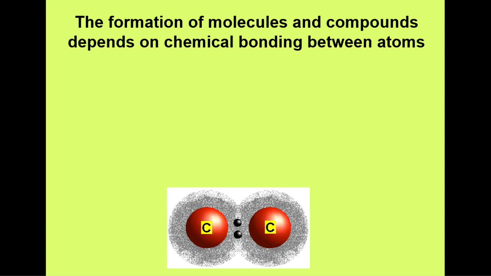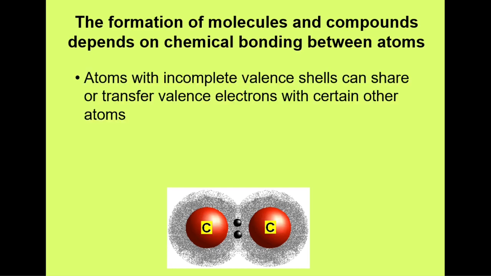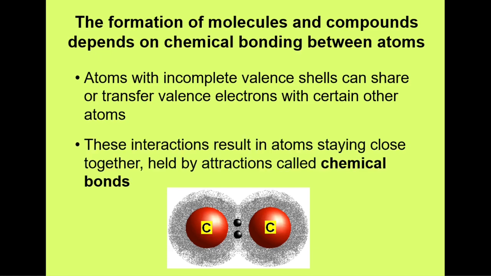What we're going to do in the next video is talk more about chemical bonding. To lead up to that, atoms with incomplete valence shells can share or transfer valence electrons with certain other atoms. So we've got 2 main types of bond that we're going to look at in the next video, and that is this sharing and transferring of valence electrons.